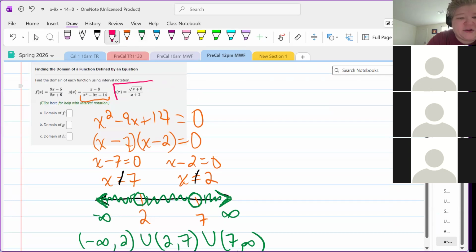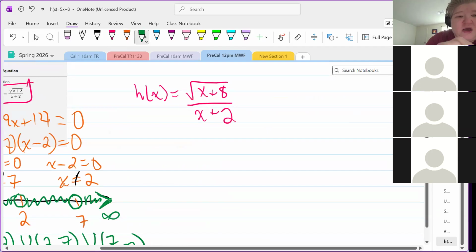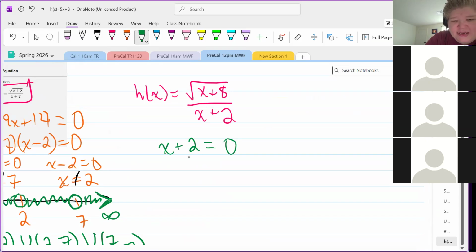Now for the final, we're going to have one with a square root in it. So the square root has its own domain restriction. So I'm going to have 2 parts to this domain. I've got the first part where the bottom is set equal to 0. So I get x equals negative 2, but this is my don't-allow-it value.